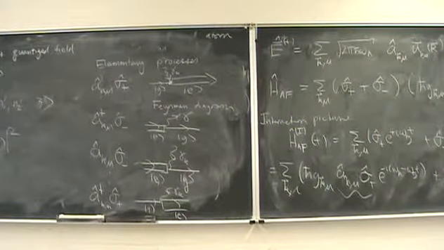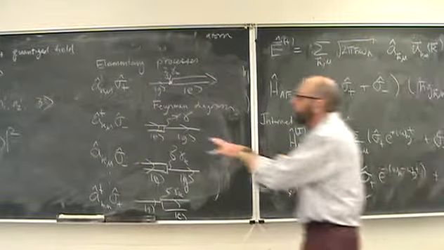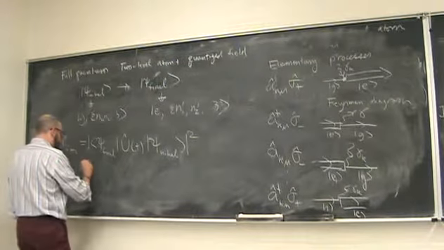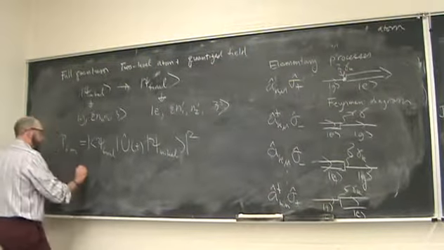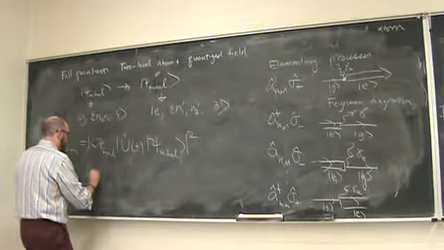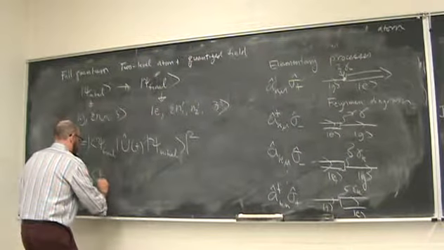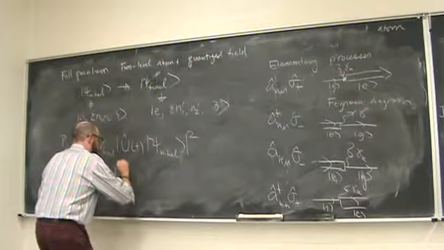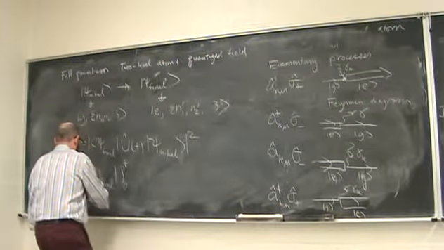So, what we saw here is that when we expand this, we had terms that involve, for example, the first order term, which would be the kind of thing we wrote down just a moment ago.